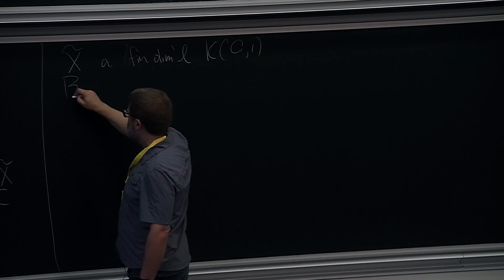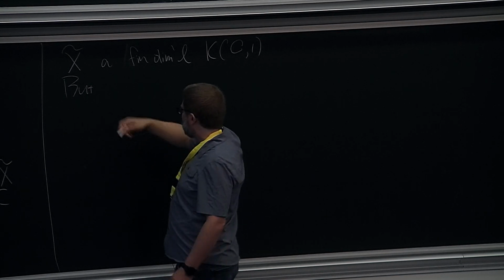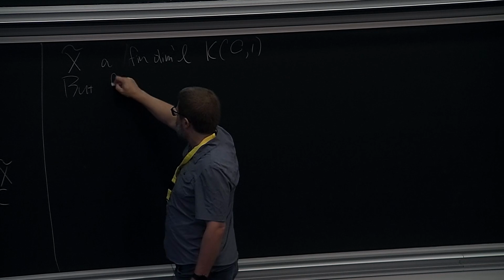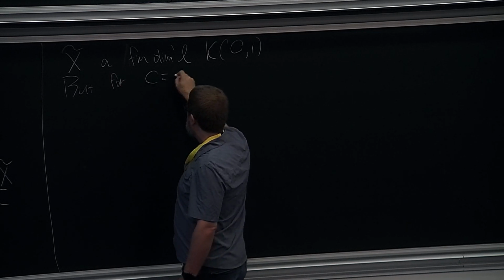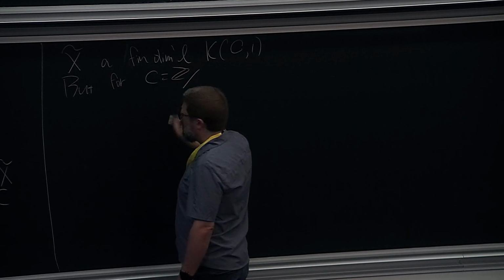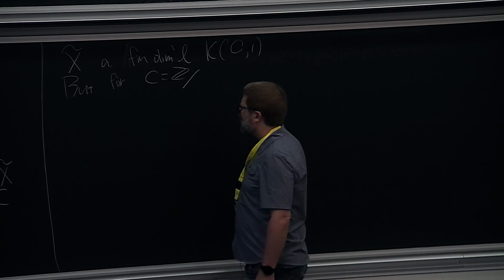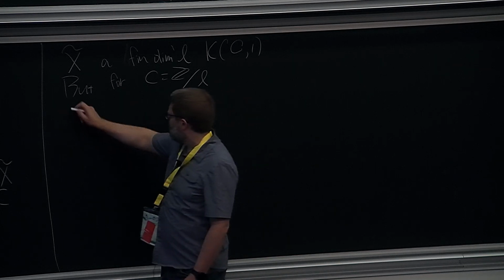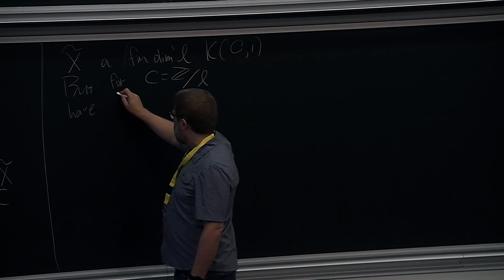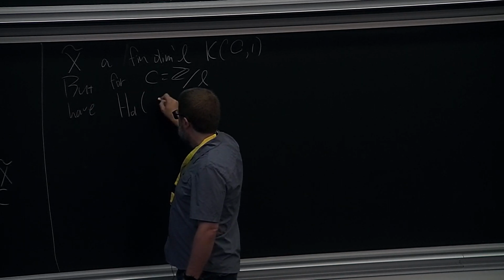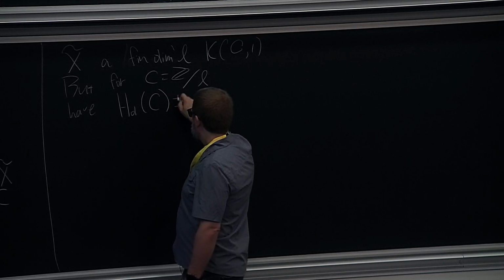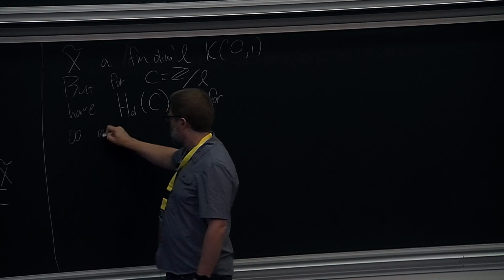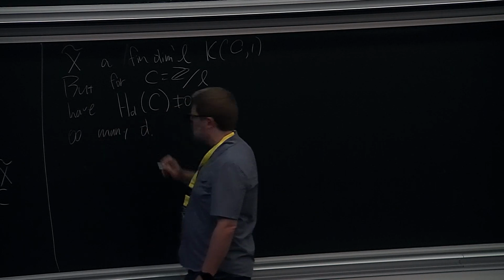But for C equal to Z modulo some, my favorite letter, let's say Z mod L, we have that H_D of C doesn't equal 0 for infinitely many D. So this is a familiar thing.